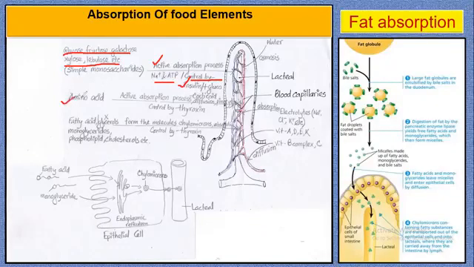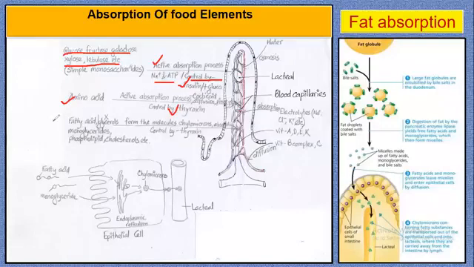The amino acid is of two types, L and D. L is absorbed by the active process, and D by the normal absorption process. That is controlled by the thyroxine hormone. That is also taken up by the lymphatic lacteal. This one is also the lymphatic duct.